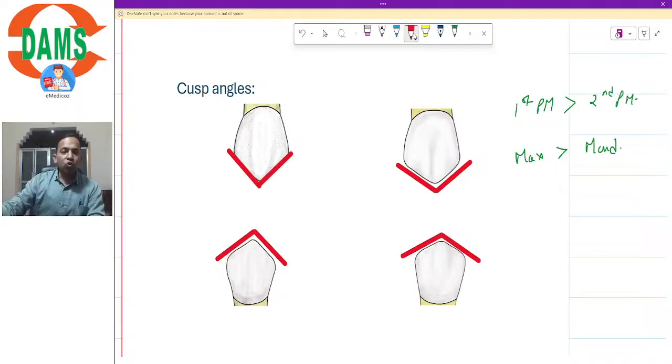So if someone asks you what the cusp angle of the maxillary first premolar or mandibular first premolar is, what would you say? The maxillary first premolar has a cusp angle of 105 degrees. Mandibular first premolar is 110. Maxillary second is 120, and mandibular second is 130 degrees.